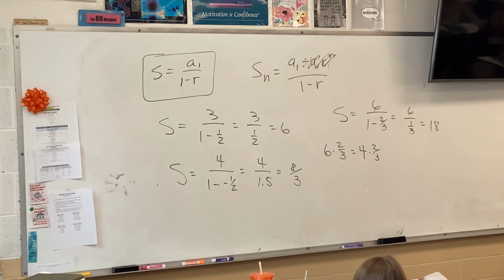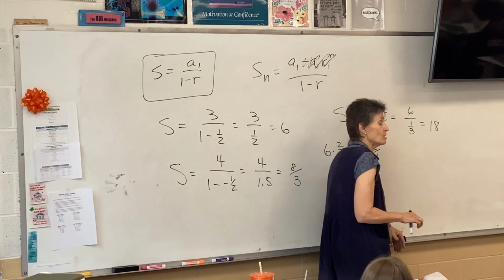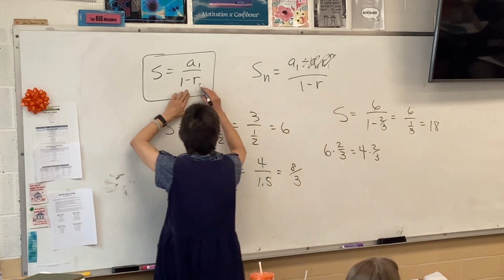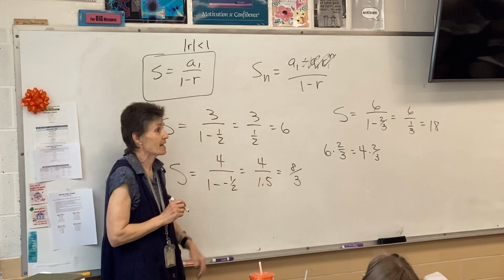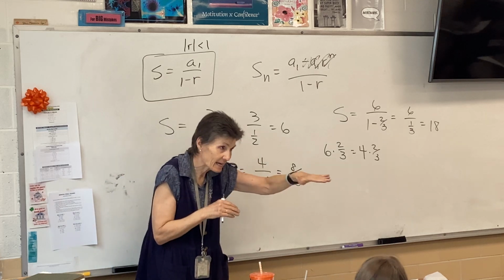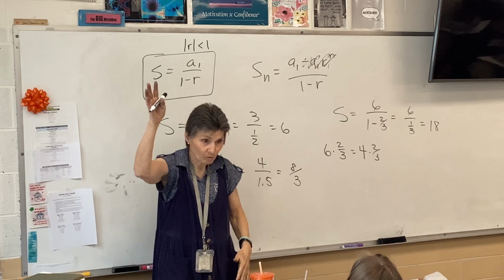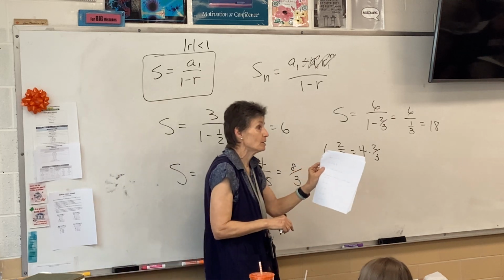If the terms of the sequence are growing and growing forever, you can't add. So the last problem, D, is not addable, because in order to use this formula, the ratio must be less than 1. In other words, you have to have decay. You can't have growth. And in that last problem, those terms are growing.